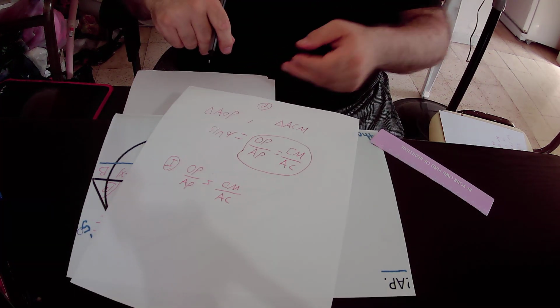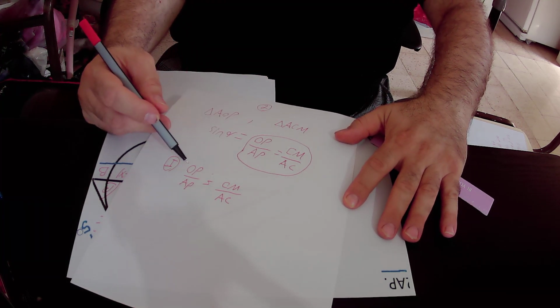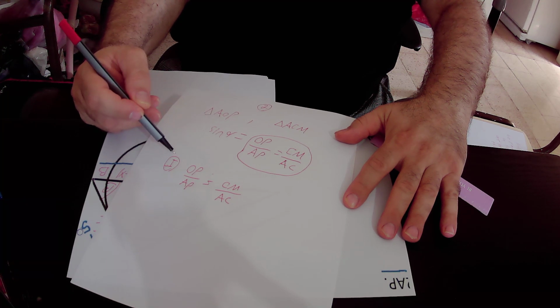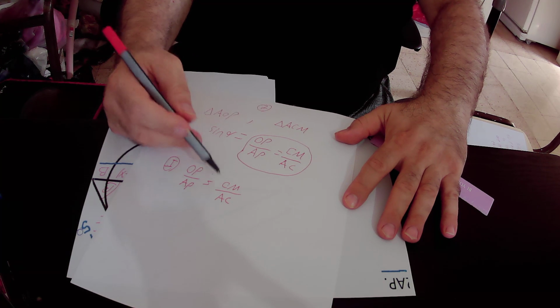So I repeat again, we copied this equality here and we called it equation number 1: OP over AP equals CM over AC.